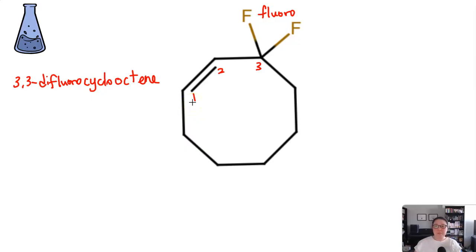So that means because it's cyclic, this double bond is always going to have carbon 1 no matter what. If you have 1 double bond, it can't be anything more than carbon 1. So because of that, it is redundant to say that this is oct-1-ene because there's literally no other choice for that double bond. And so this is 3,3-difluorocyclooctene.